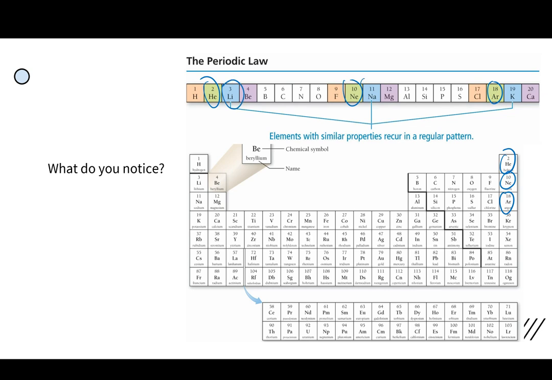When we do the same thing with lithium, sodium, and potassium, they're all in the same column. So this pattern emerges that when atoms are arranged by their atomic number, elements that are in the same column have properties that are very similar to one another.